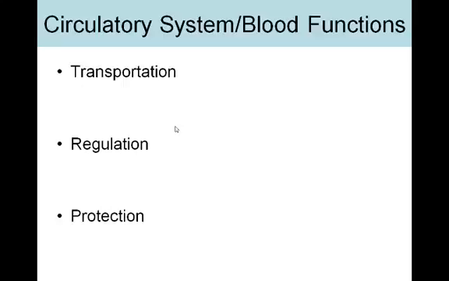These white blood cells are also important for initiating something called the inflammatory response. So the process of inflammation, even though it's sometimes painful to us, is actually protective in nature. It helps to prevent the spread of infection. So white blood cells will help to get that process going.